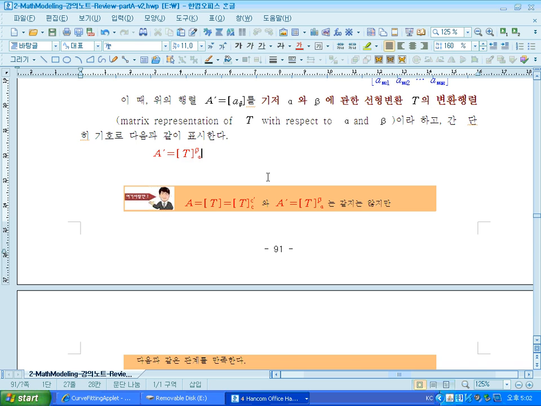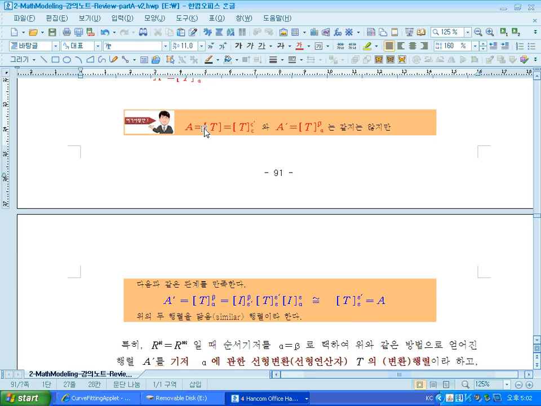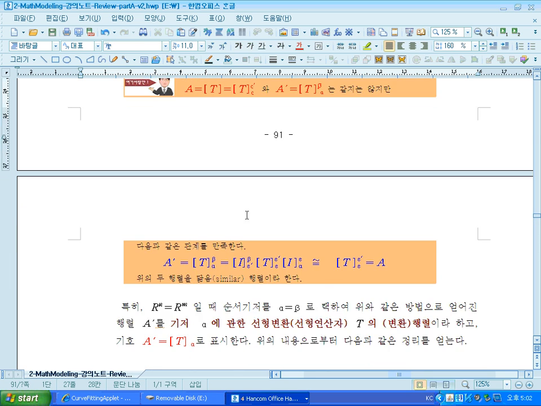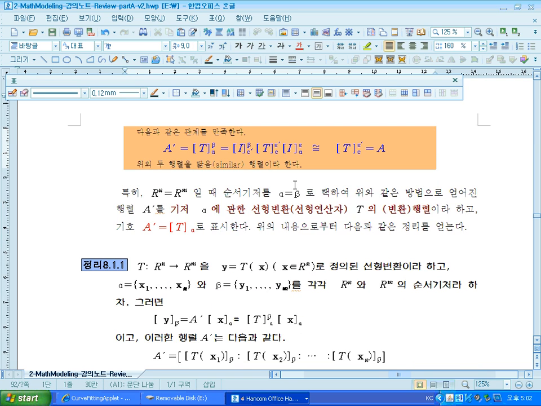One important fact is that the form of this matrix A is not the same as the matrix A prime, but these two matrices A and A prime are for different bases. Here is a standard basis, and here the bases alpha and beta. These matrices look different, but they have a very close relationship, which is called similarity.